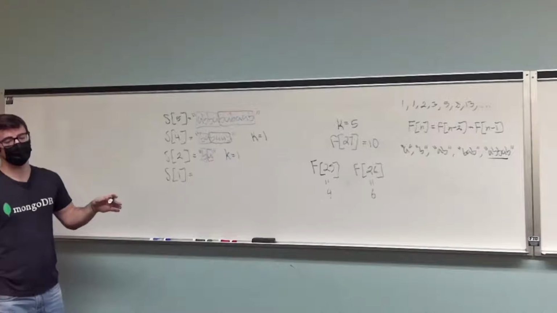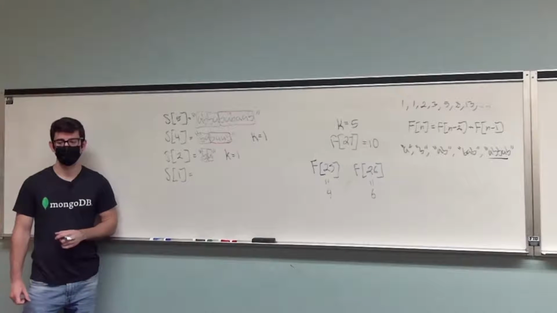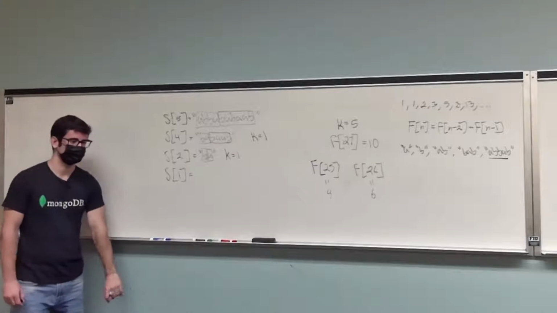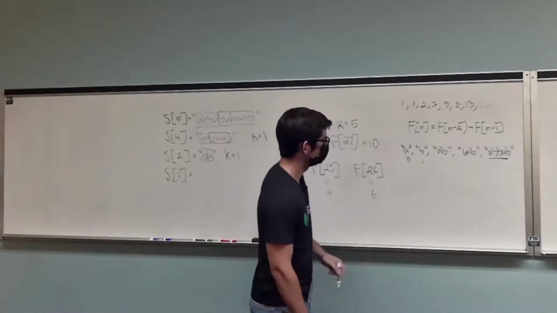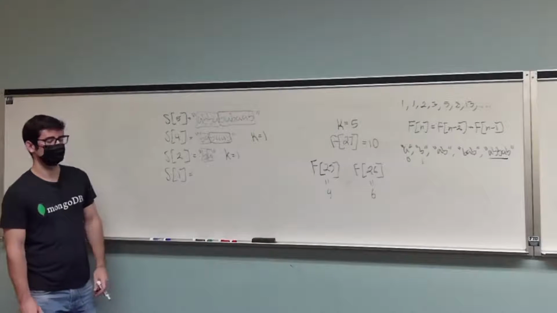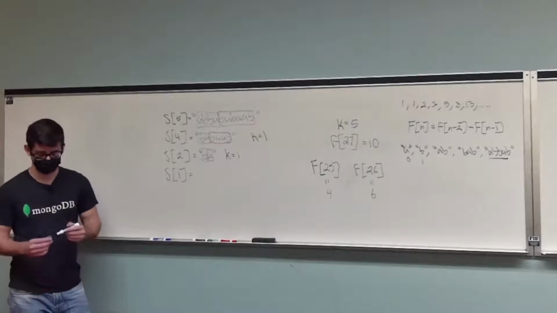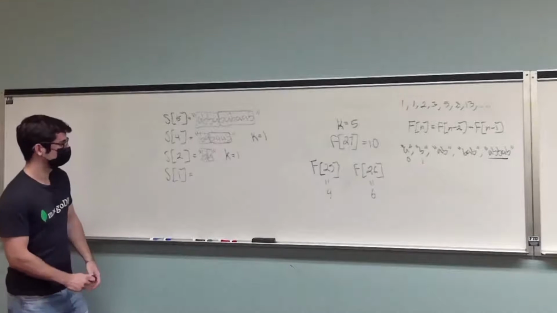If we're 0 indexing, we start counting at 0. So this was 0, then this was 1. What would be S of 1? But hold on, I don't get it.